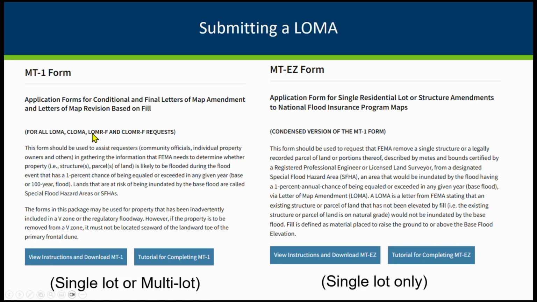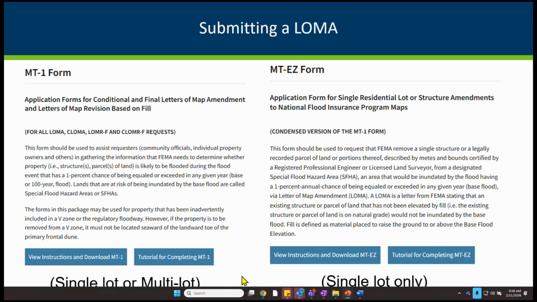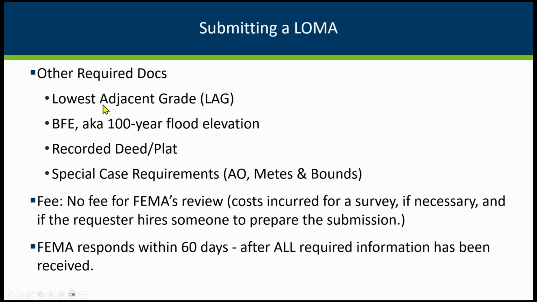You must use it for anything that involves fill and for multi-lot. When you're submitting that LOMA request, you normally have to have a survey showing that lowest adjacent grade. You need to know the base flood elevation, or the 100-year flood elevation. Again, you need that legal documentation, and that's one of the most common things that people forget to submit: that deed or plat. And then there are some other weird situations that don't come up very often.